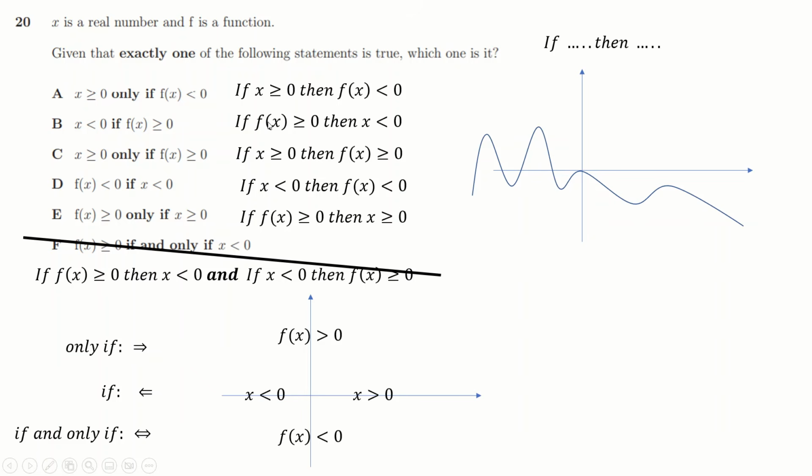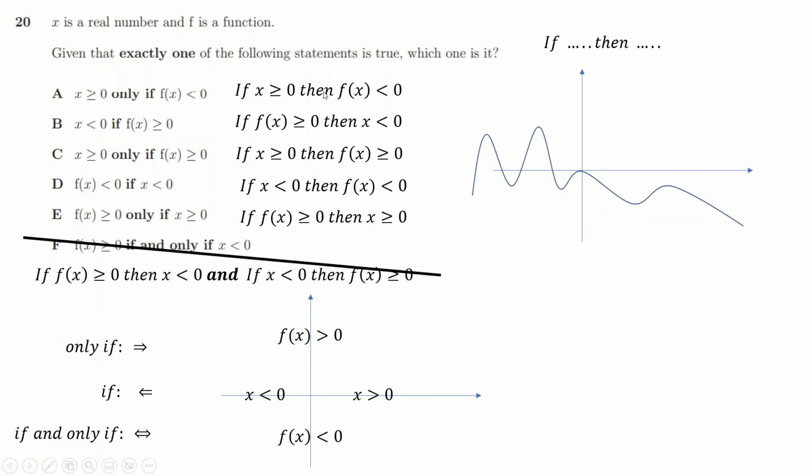Then we look at the other statements and say, well, if any of these are necessarily true looking at this, then A can't be true because it's implying another statement. So we go to B and we go, okay, if f of x is greater than 0, then x is less than 0. You look at this graph and think, well, actually, the only places on this graph where f of x is greater than 0 is when x is less than 0, over here.